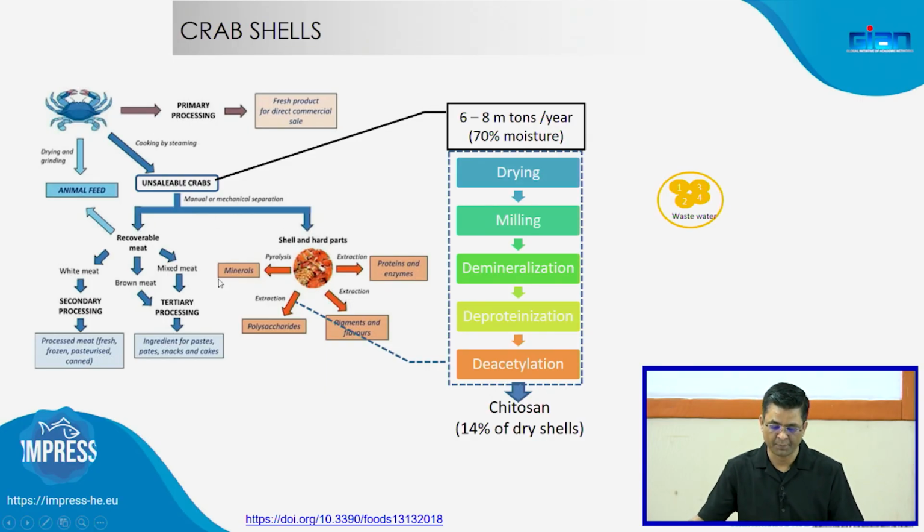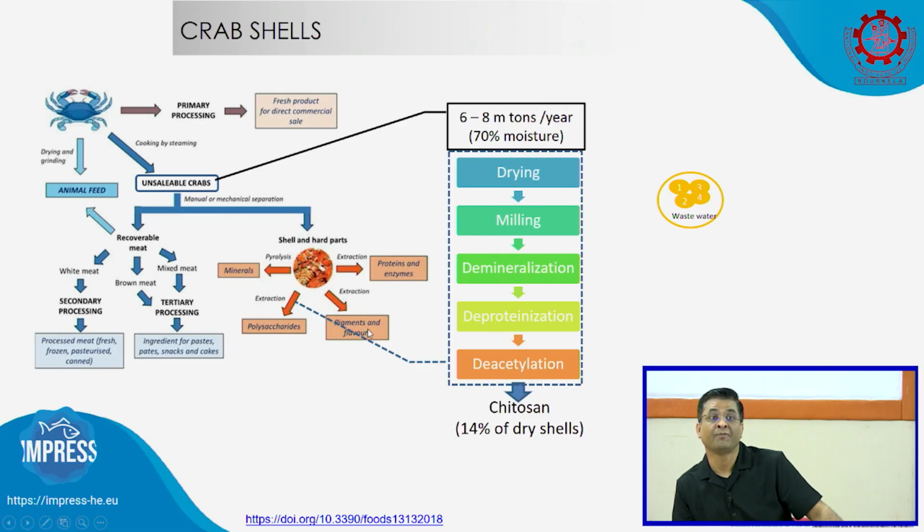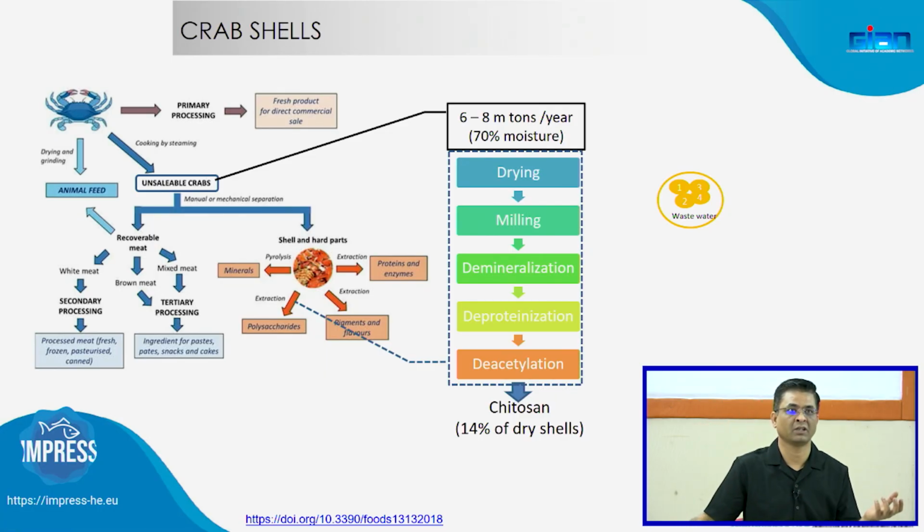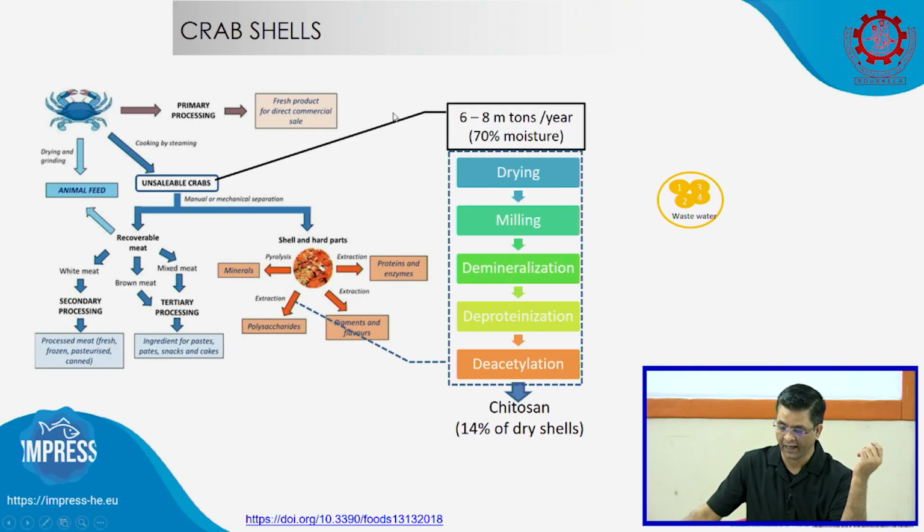So in shells and the harder parts, you have minerals, proteins, enzymes, and other bioactives, including chitosan or polysaccharide, or pigments, or crab flavor. You can get all those as a liquid extract which will act as a stock solution or a flavoring solution.